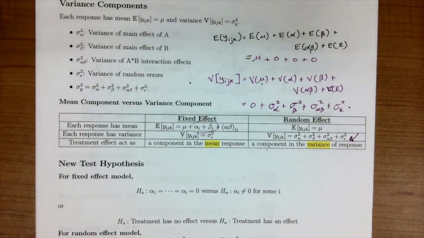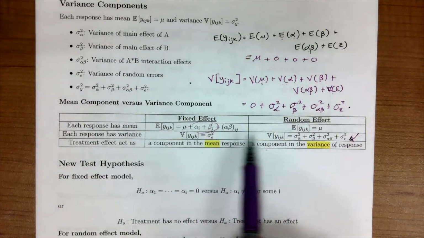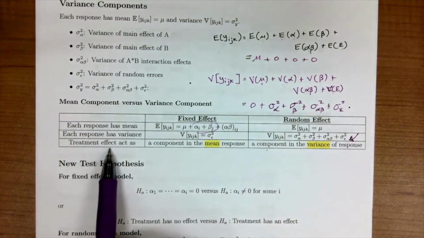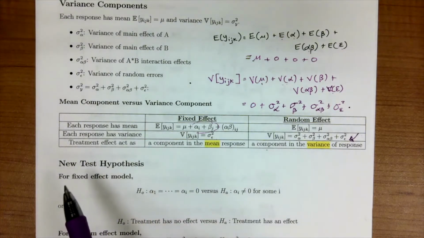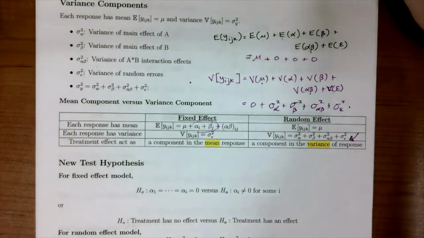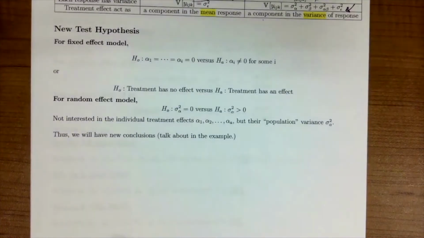So with that, hopefully noticing our mean and our variance and where our treatment is in these gives us some intuition that our hypotheses won't be the same. So let's look at our hypotheses. First, let's remind ourselves of what our hypotheses were in the fixed effect model, so kind of all the lessons up to here.